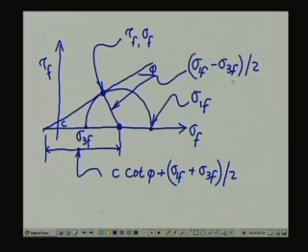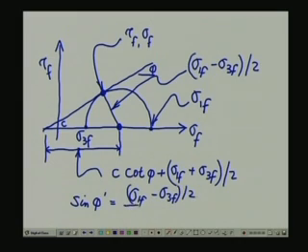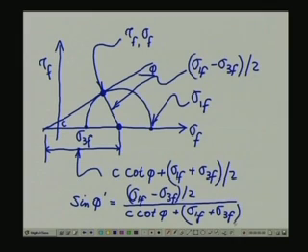Using these two results, we can write sine of phi prime is going to be given by (sigma 1f minus sigma 3f) over 2 divided by c cotangent of phi plus (sigma 1f plus sigma 3f) over 2.